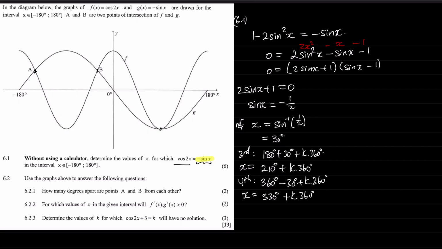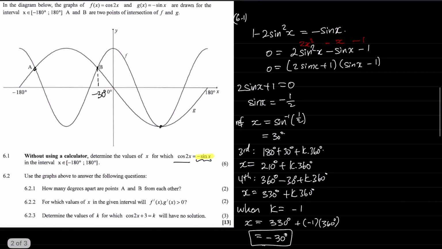Now, if we substitute k as minus 1, then the one solution we're going to get is x is equal to 330 plus minus 1 times 360. So that's going to give me minus 30 degrees. So that's going to be one solution, because that is a valid solution. It's between minus 180 and 180. So then this is going to be minus 30 degrees.